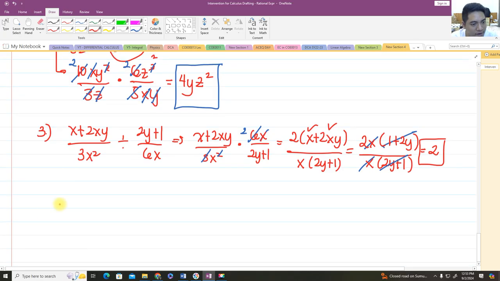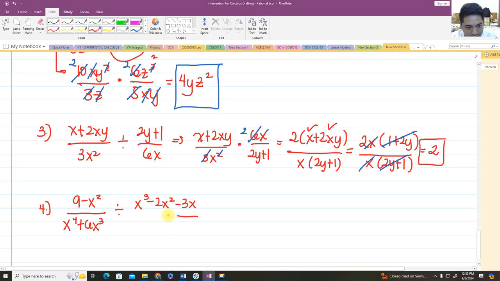Okay, for number 4, we have 9 minus x squared all over x raised to 4 plus 6x cubed, and that is divided by x cubed minus 2x squared minus 3x all over x squared plus 7x plus 6.